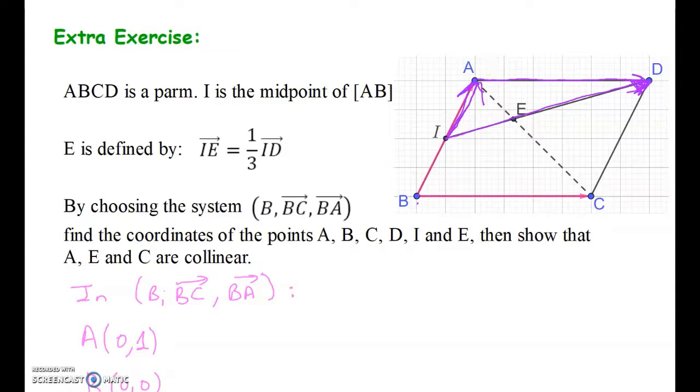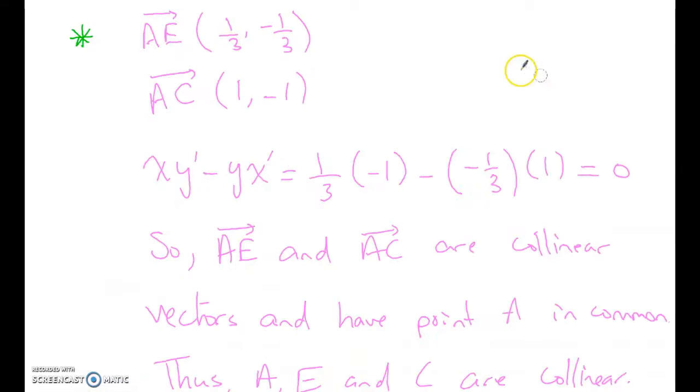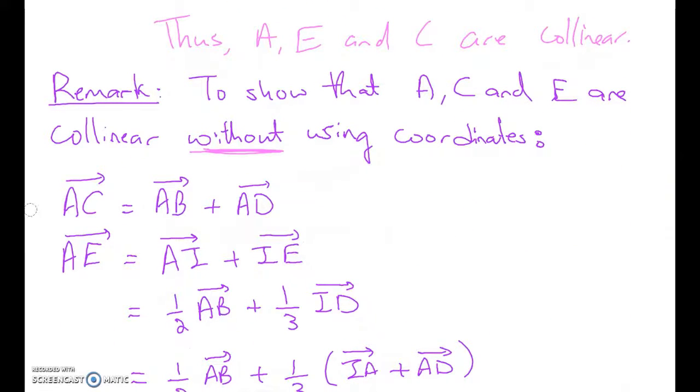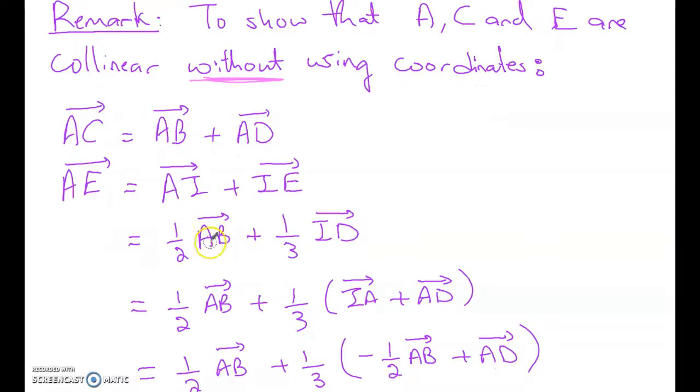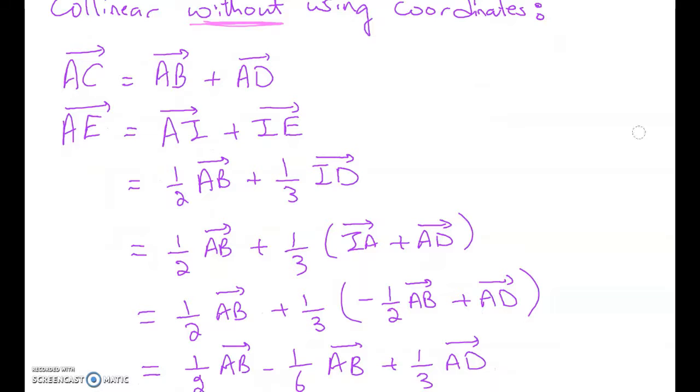So let's see the answer. As we explained there, I said AC is AB plus AD. AE, I introduced here letter I because I know information about IE, so it became AI plus IE. We know that AI is half AB because I is the midpoint, and IE is 1 over 3 ID from the given.